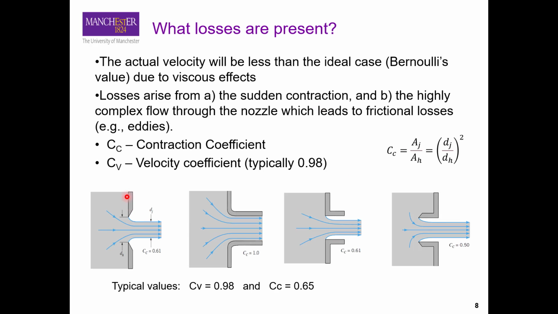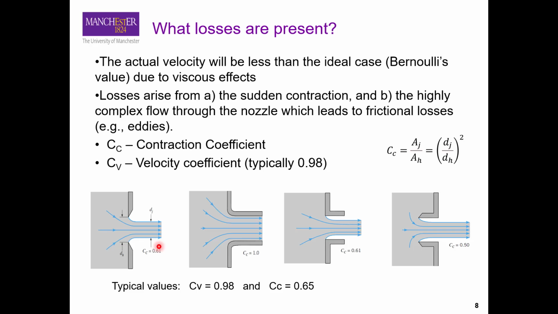If you are going from a very large cross-sectional area into a smaller cross-sectional area, the fluid is being constricted in this area here, so that is also going to generate some energy loss in the form of eddies or in the form of the contraction. And then we can correct this ideal velocity by multiplying with a contraction coefficient as well.